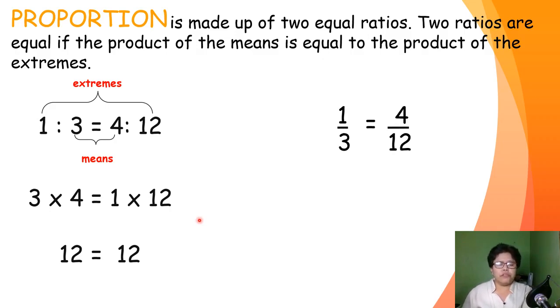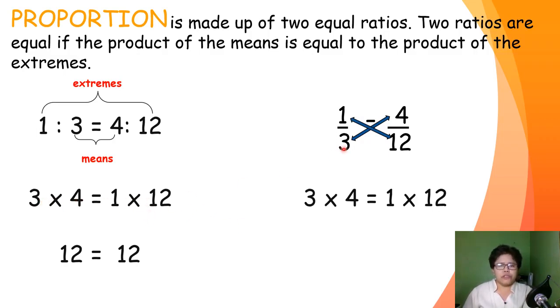Okay? So, if sinulat ito in fraction form, pwede pa rin natin i-solve. Kaya lang, in this case, ang extremes mo, which are 1 and 12, ay ito na yon. Ang means mo, which are 3 and 4, ito na yon. So, ngayon, ang gagawin mo is cross-multiply. Once you cross-multiply, lalabas din ang parehong equation.